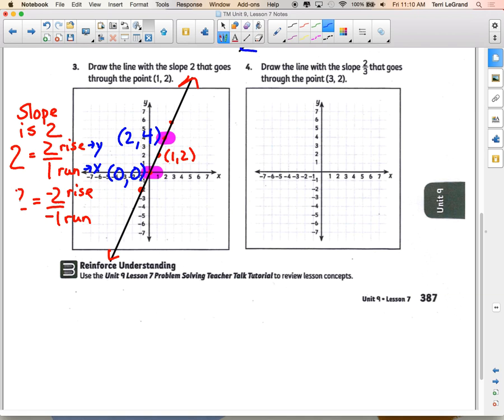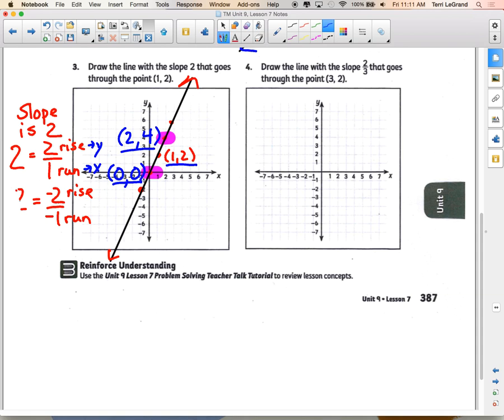To get from this point right here to this one, did the y go up 2? 2, 4, did it change by 2? Yeah. And did the x value change by 1? 1, 2? Yep. Okay, let's check this one. Did the y value change by 2?